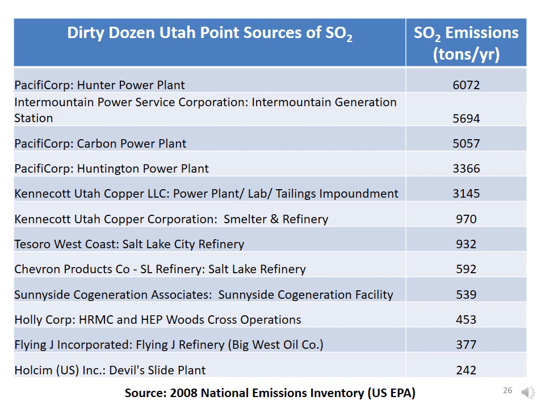Tesoro and Chevron and Flying J are some of those. Which ones are located in our valley? Well, there we are with the stars. Although, like I said, the Kennecott Copper Corporation power plant has been shut down. And so now the largest source of sulfur dioxide in the metropolitan area is the smelter and refinery operations, followed very closely by the Tesoro Salt Lake refinery.